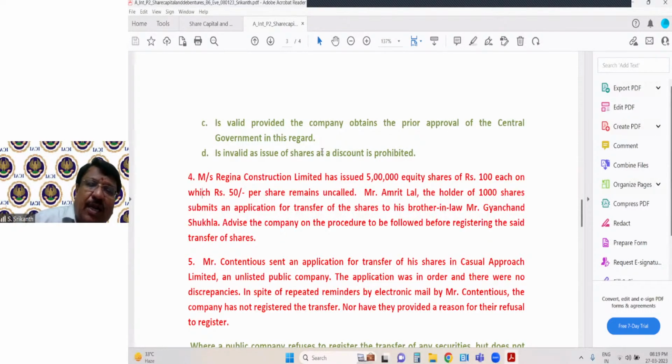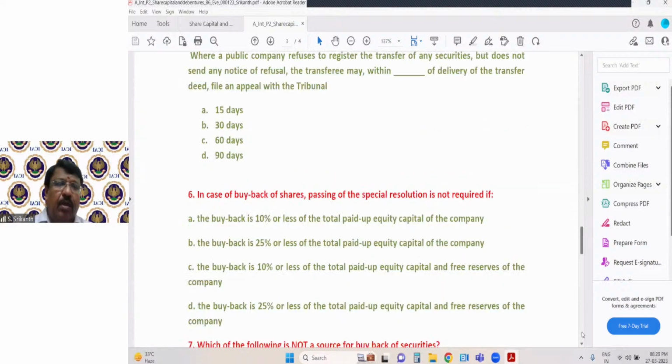Mr. Contentious sent an application for transfer of shares in Casual Approach Limited, an unlisted public company. The application was in order and there were no discrepancies. In spite of repeated reminders by electronic mail, the company has not registered the transfer, nor have they provided a reason.